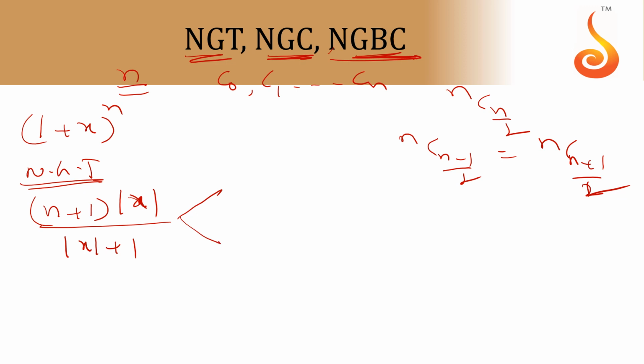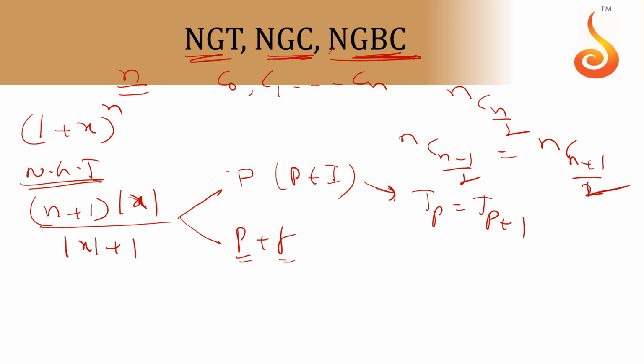This will have two cases. One, you can get some p which is an integer, or some p plus f, where p is an integer and f is a fraction. So in the first case, tp and tp plus 1 will be equal, and those two will be the NGTs. In the second case, tp plus 1 will be the NGT. So please remember that formula, (n plus 1) into mod x by (mod x plus 1).